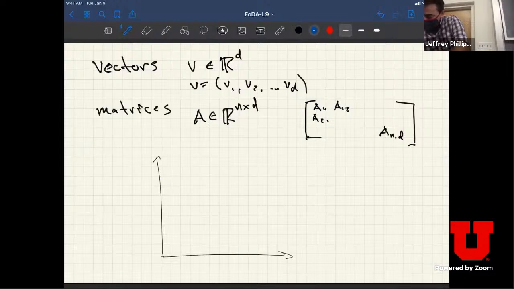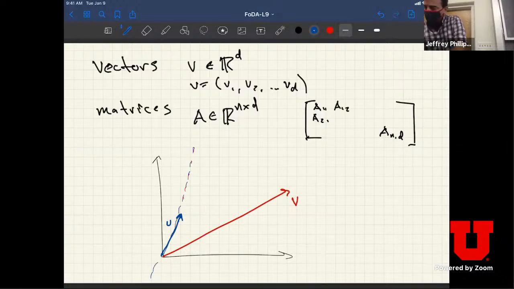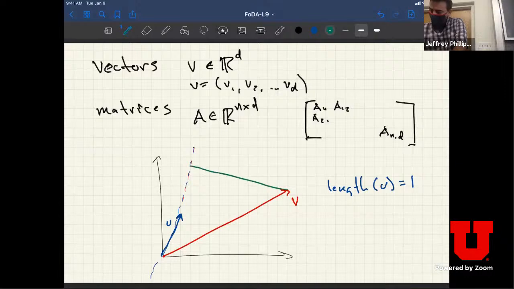And we talked about, let's see, if we have a vector u and we have another vector v, and in particular we look at the line which goes through u. Under the condition that the length of u is equal to 1, then the dot product of u and v, I can understand this by thinking of this point.